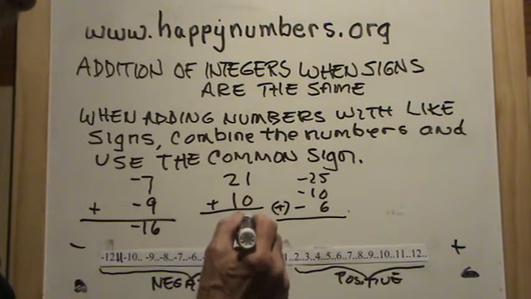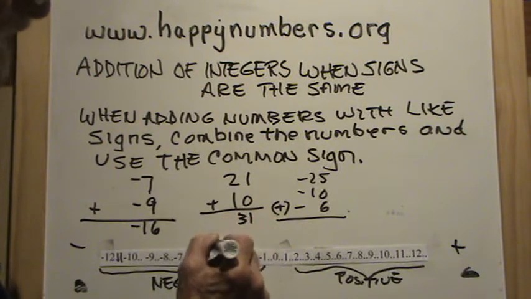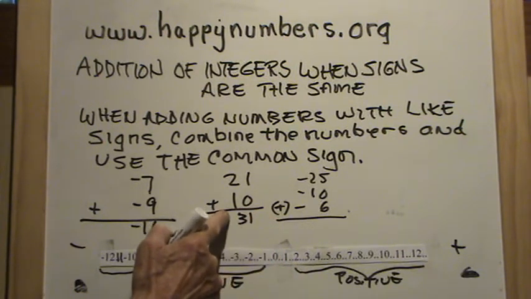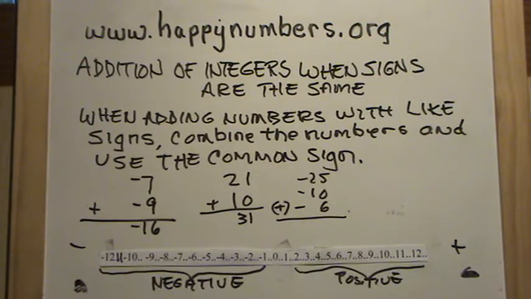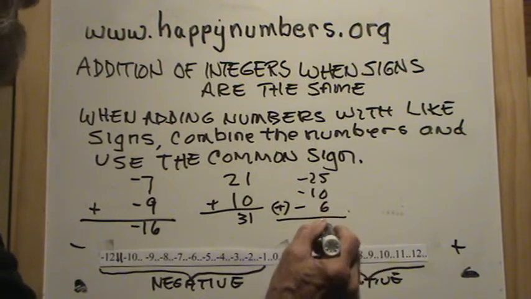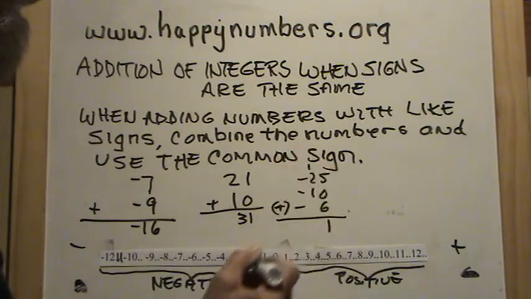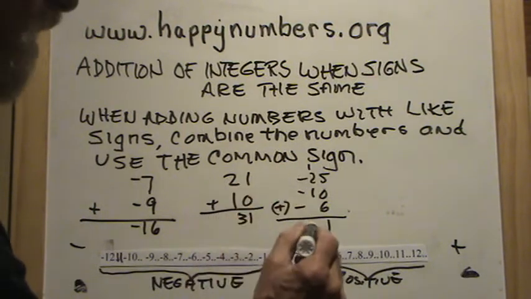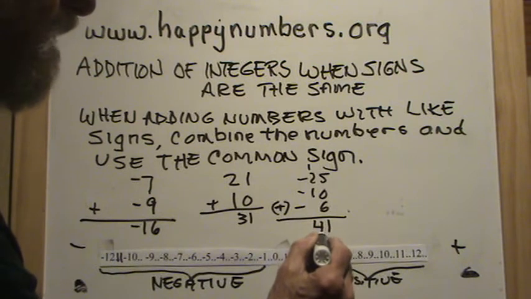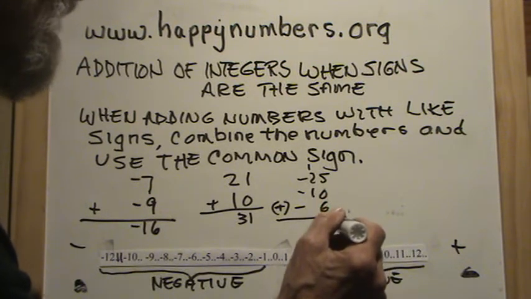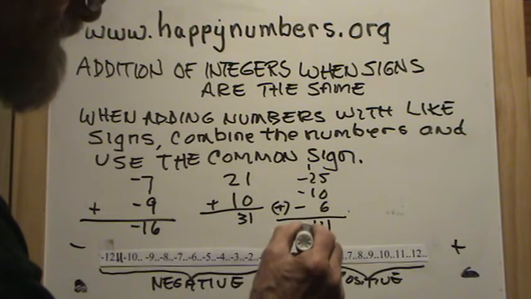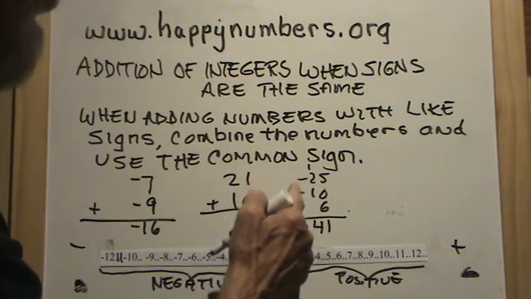And so we just add 21 and 10, which gives us 31, and this would be positive, so we don't even have to put the positive sign there. Here we have -25, -10, and -6. All three signs are negative, so we combine the numbers, we add them. 5 and 6 is 11, carry the 1, 1, 3, 4. We get 41. Yes, that's correct. 41, and it's a -41 because we have to use the common sign.